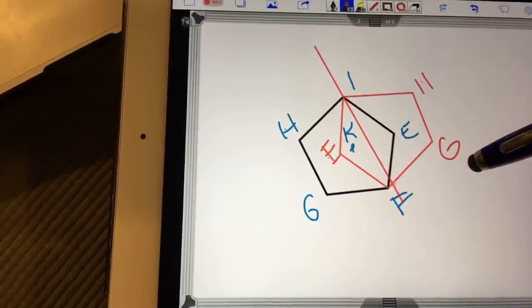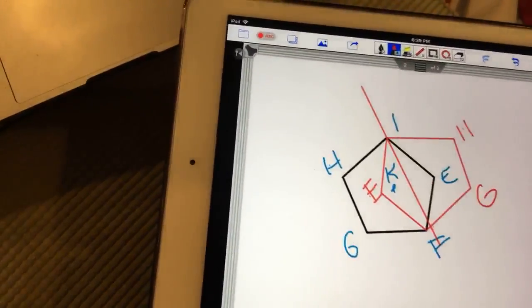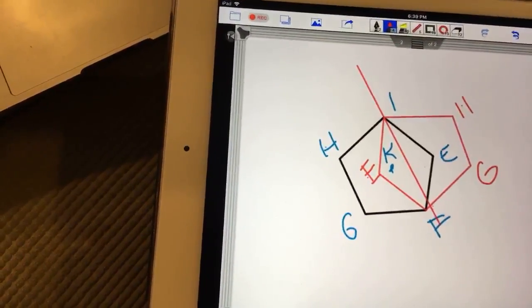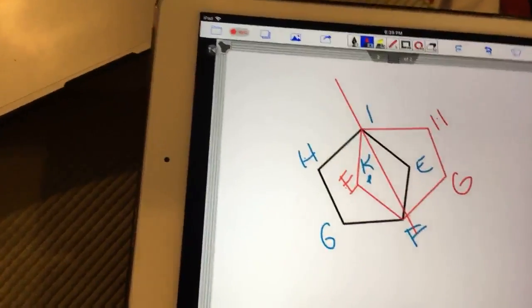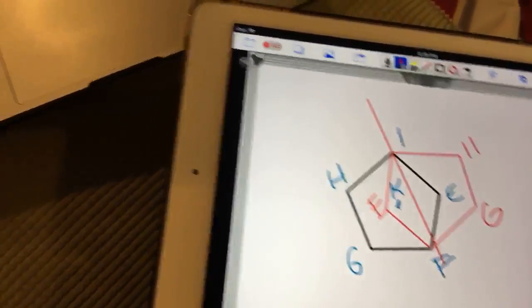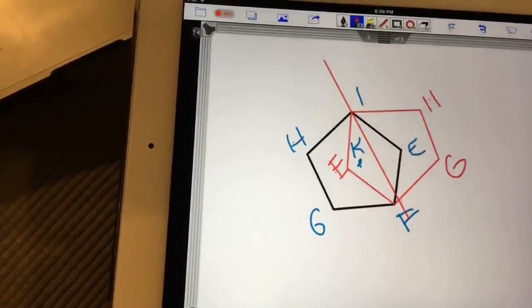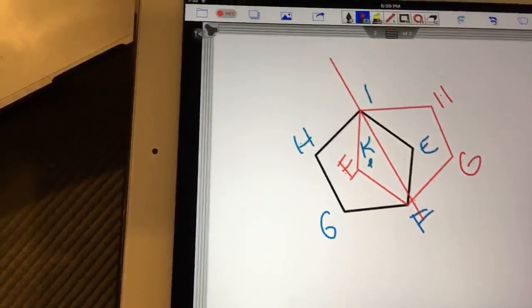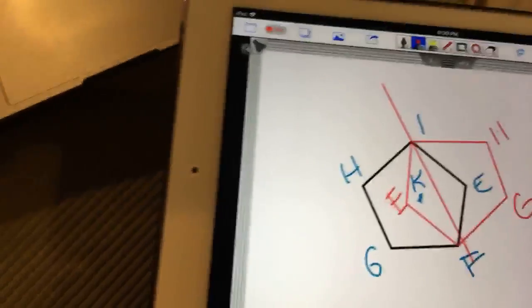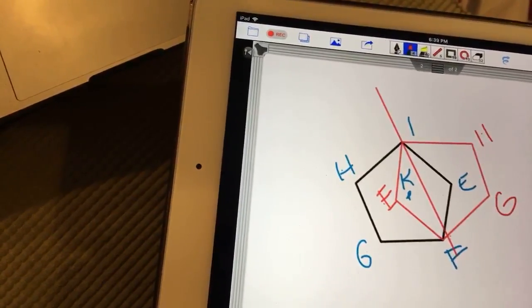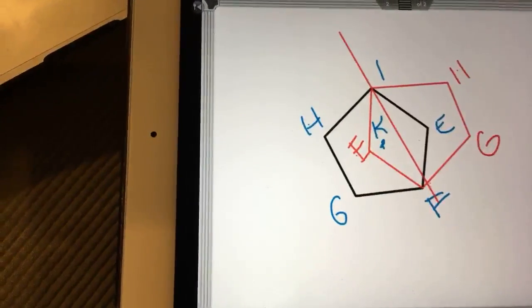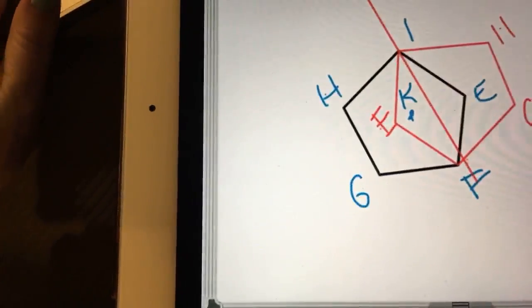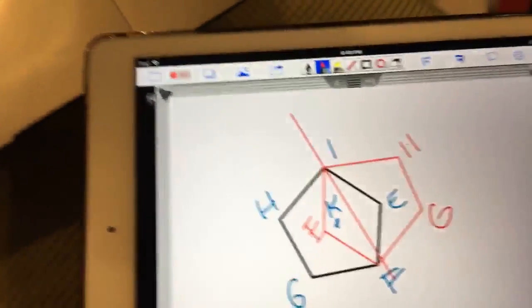So when I reflect it again, I'm going to end up with the orientation being the same, but in a different location. And then rotating it 180 degrees clockwise around K, that's not going to put us back where we need it to be. So C is not going to work.